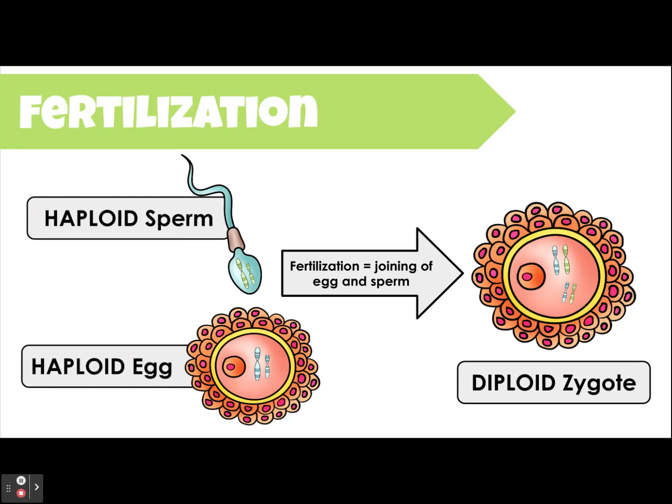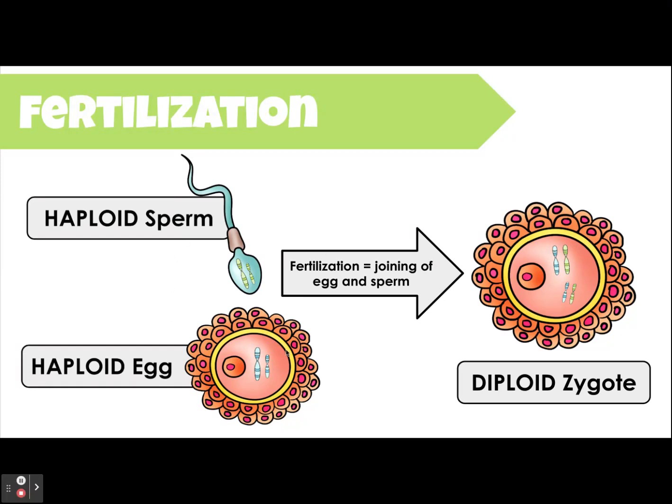And when they combine during fertilization, that new cell that is formed will have 2 copies of every chromosome and will be diploid. This diploid zygote will then go on and divide, and cells will differentiate into skin cells, muscle cells, hair cells, and so on. And those cells will always have the 2 copies of every chromosome.